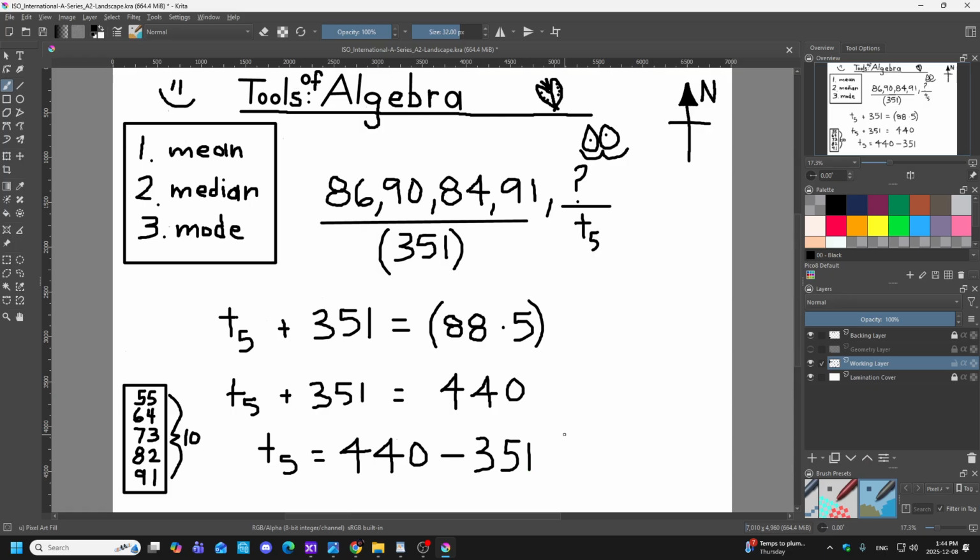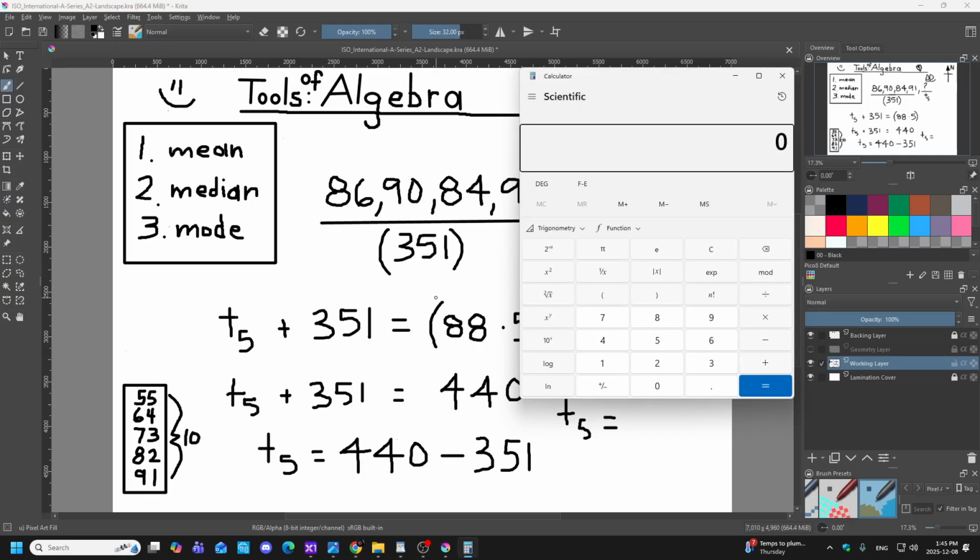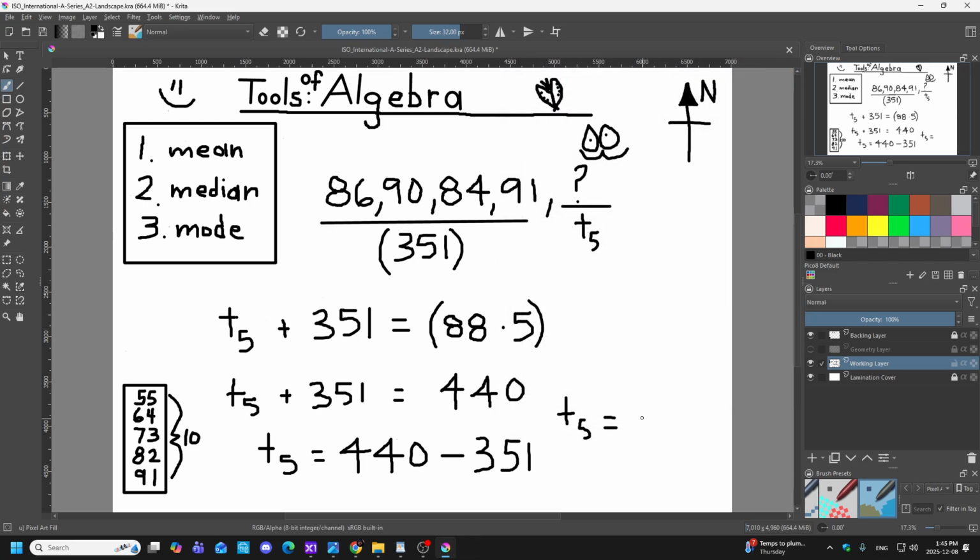So I've run out of room here, but T5 is going to equal 440 subtract 351, 89. There's our magic number right there.